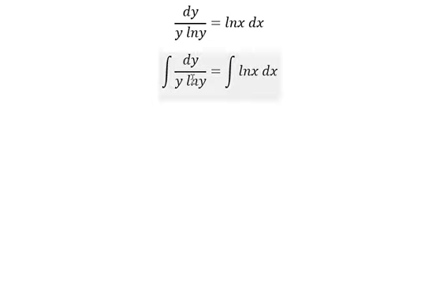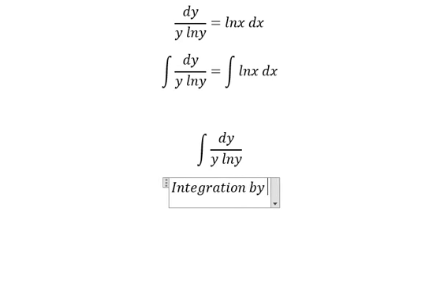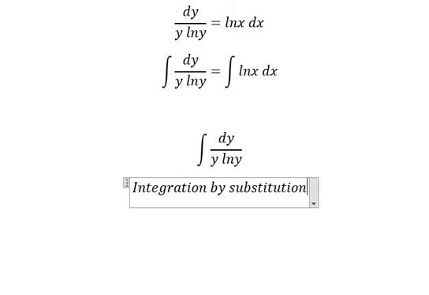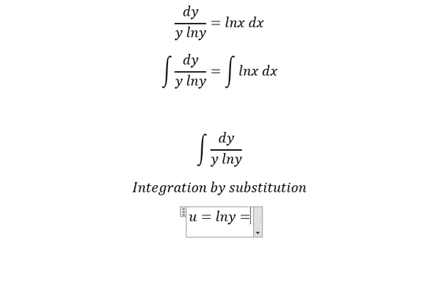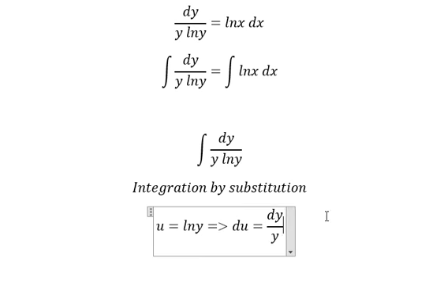Now I will concentrate on this one first. So we need to use integration by substitution. So I will put u equals ln y. So if we first do the derivative of this one, you have du equals dy over y.